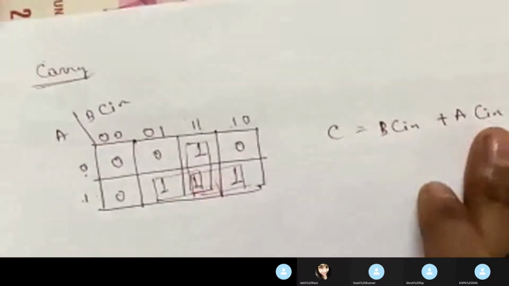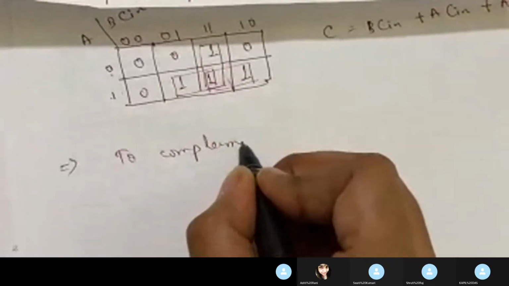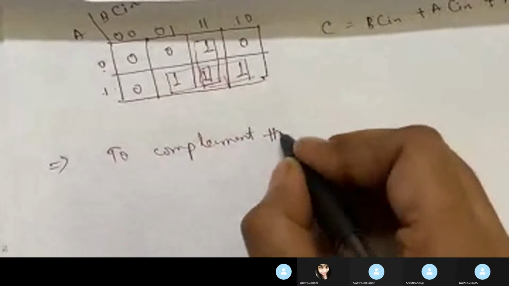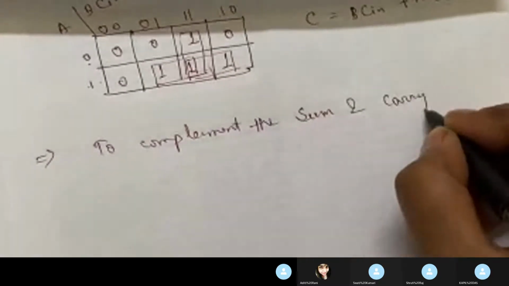So now what we will do, first हम क्या बोले थे, to design a CMOS logic, first what we have to do, we have to take complement of it. Now this step is to complement the sum and carry.